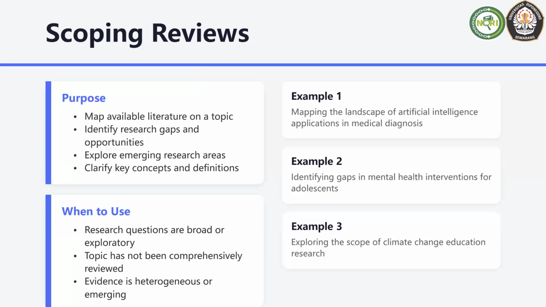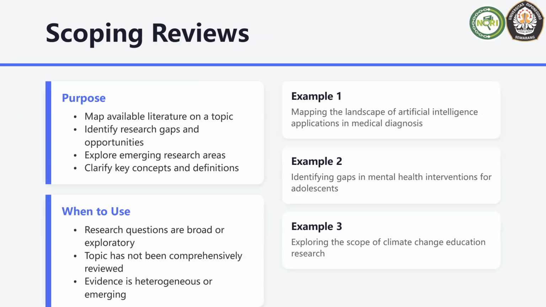So we have a scoping review, which is mapping the literature on a topic. So you identify gaps and opportunities within these different write-ups. The example that I try to put on this slide is like mapping the landscape of artificial intelligence application in medical diagnosis.